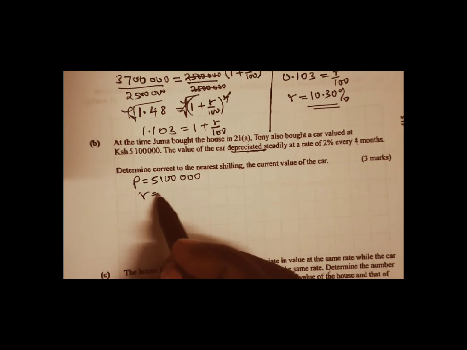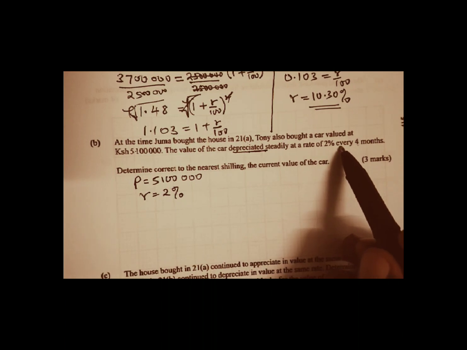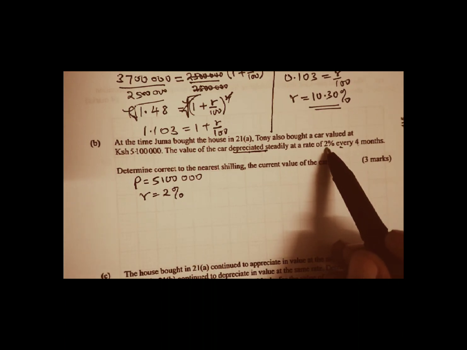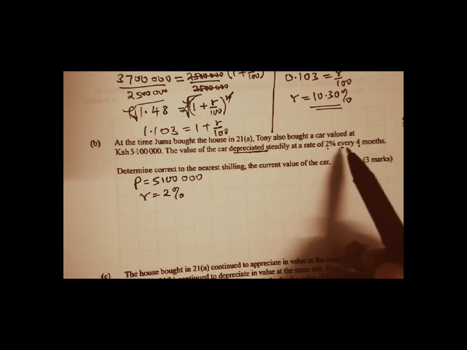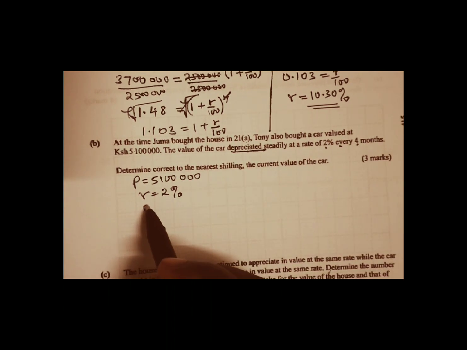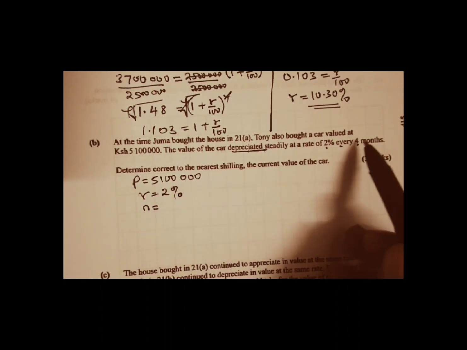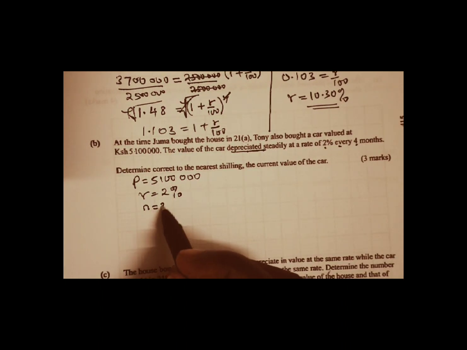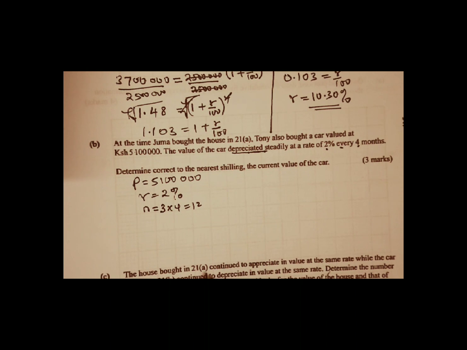We have been given the rate 2%, but it depreciated at the rate of 2% for every 4 months. That means in 1 year, it is losing value 3 times. In this case, for us to get the number of periods, since in 1 year it depreciates 3 times, in 4 years it is going to lose value 12 times.